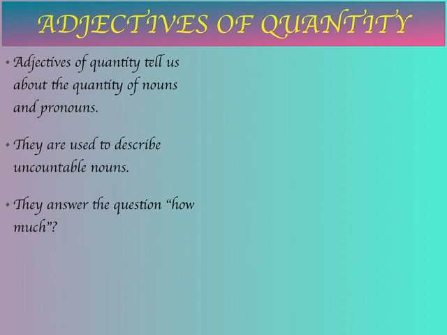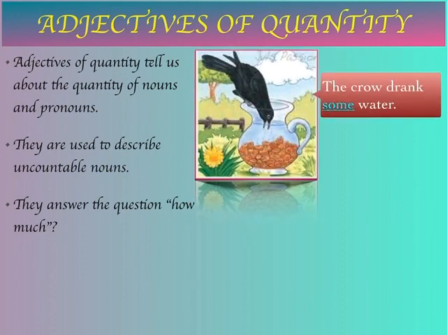For example, if I say some sugar, how much sugar are we talking about? Some sugar. So some is an adjective of quantity. Let's see one example over here. The crow drank some water. So here the word water is a noun. And how much water did the crow drink?